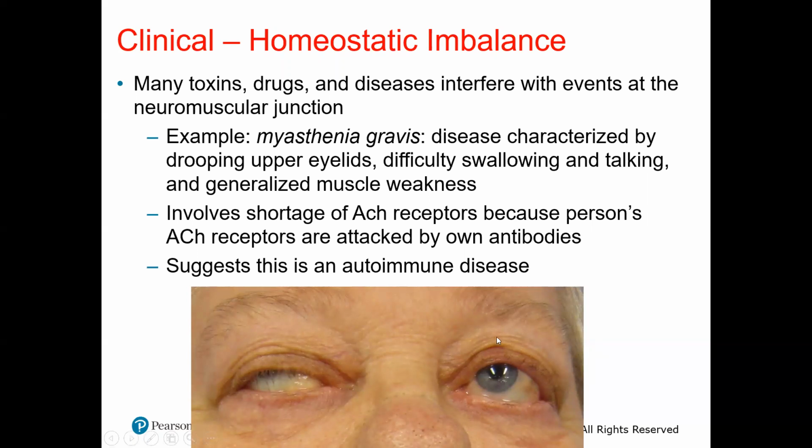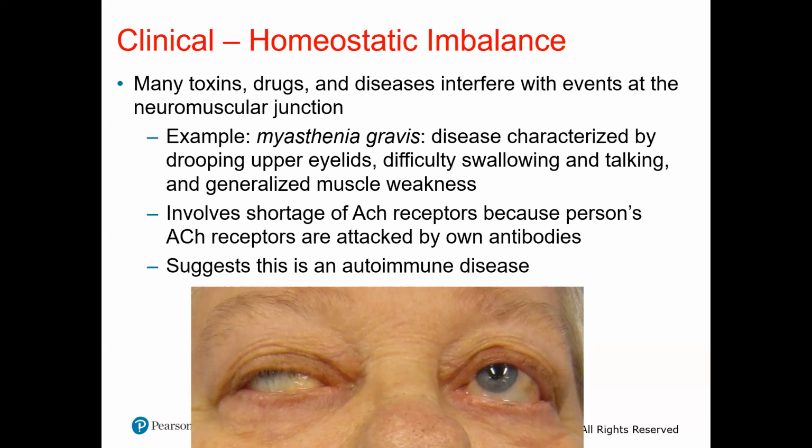There may be problems swallowing, there may be problems talking, and there is an overall muscle weakness, because in myasthenia gravis your own immune system attacks the receptor sites for acetylcholine. It destroys the acetylcholine receptor sites at the sodium gates, so we don't get as much sodium coming through. We can't generate an action potential in the muscle cell, because that's what happens when sodium comes in.